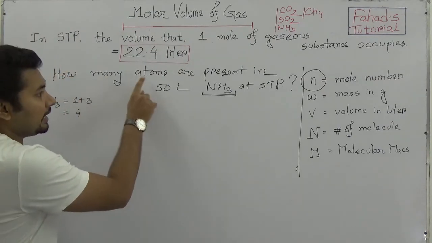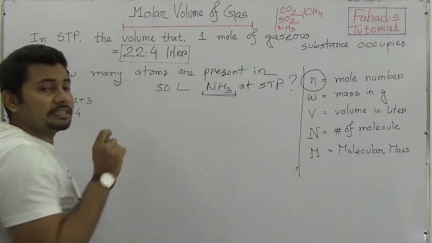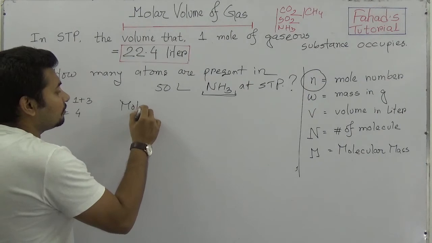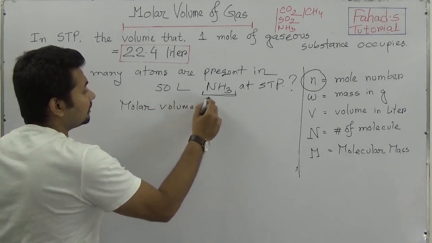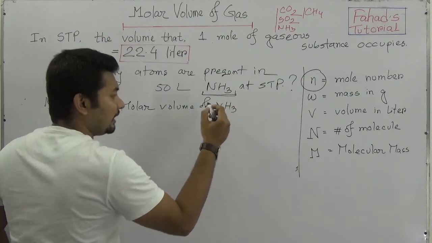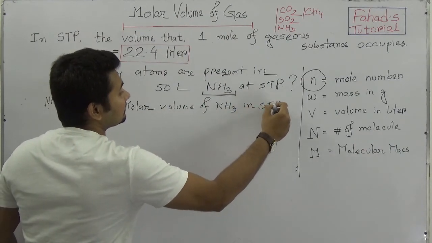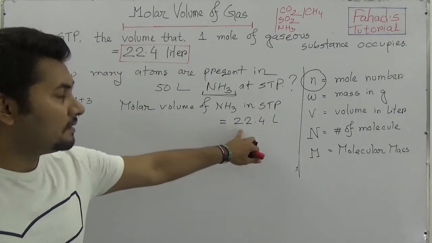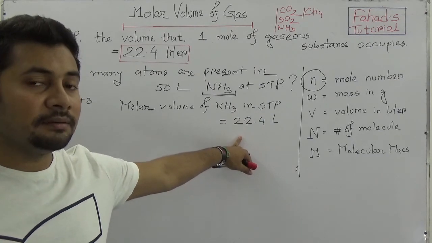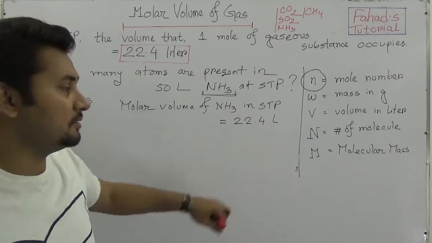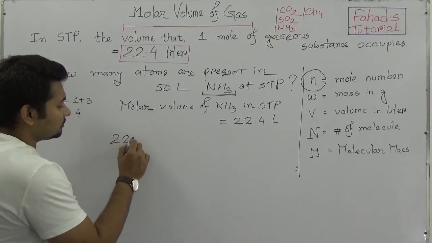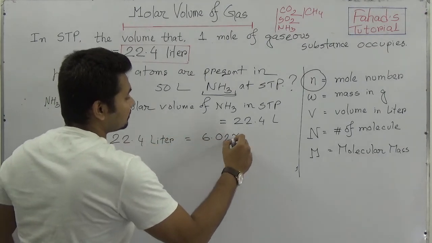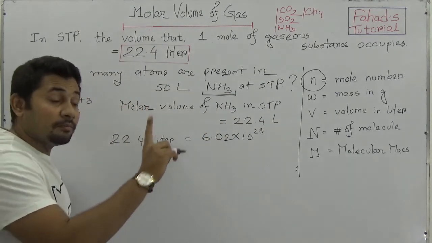Now you think, how many atoms are present in 50 liter ammonia? We know that the molar volume of any gas like ammonia in STP is 22.4 liter. And in these 22.4 liter, how many molecules will be present? 6.02 times 10 to the power 23 molecules.